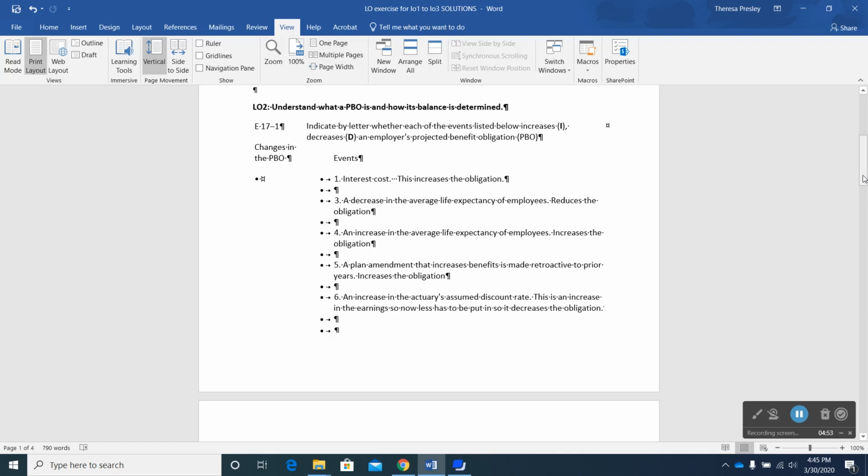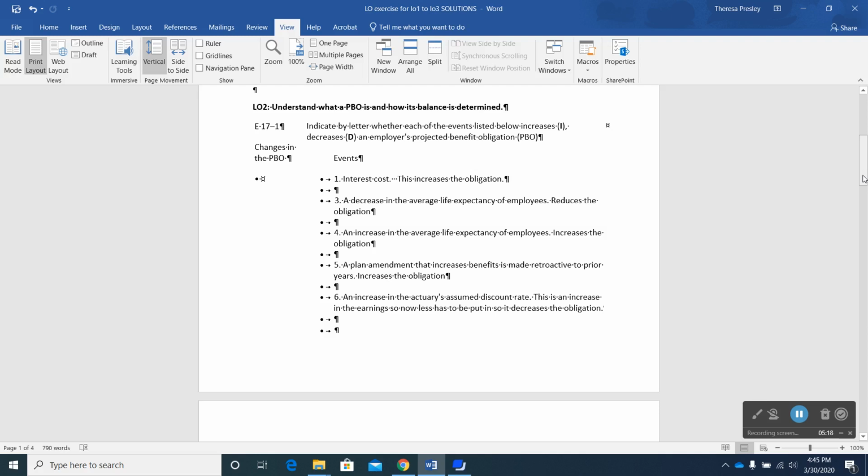Now, if 3 says you reduce the obligation, then you could also think about 4. If you increase the life expectancy of employees, that means that more of them are likely to reach retirement age, and therefore they're able to, I want to say accrue, but have a greater benefit upon retirement.